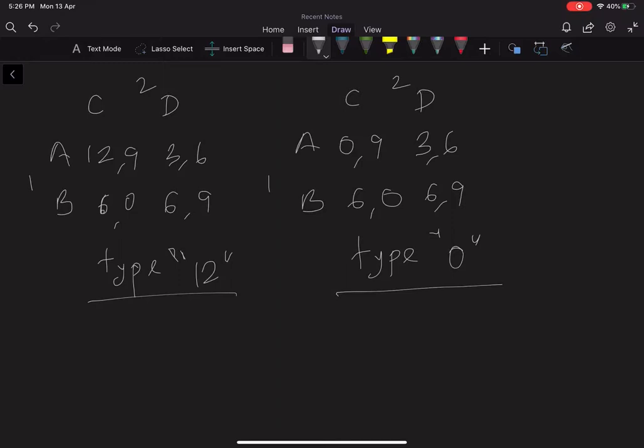So this uncertainty of payoffs we'll call uncertainty of type. So basically, you can say that the first payoff matrix refers to the case where player 1 is, quote unquote, the high type, right? High type meaning he gets a very high payoff when playing A, right? And type 0 refers to the case where player 1 is the low type player, meaning that he gets a very low payoff.